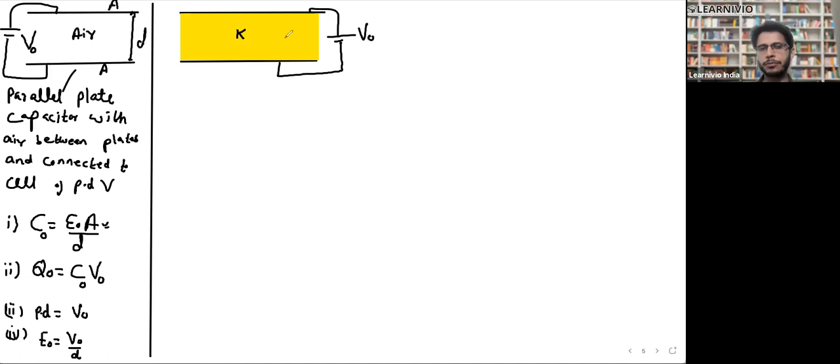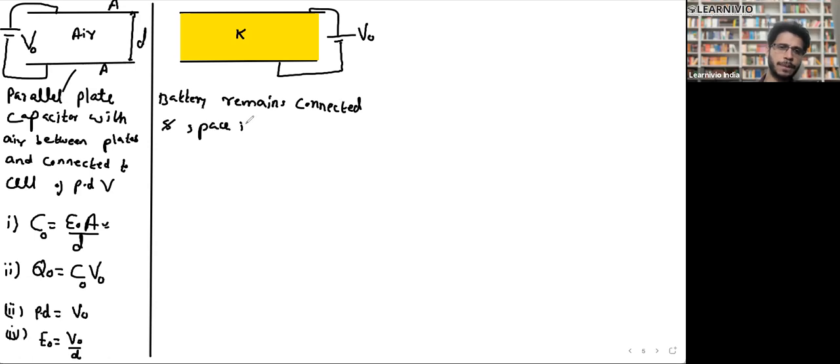Battery remains connected, but you fill the space between the plates of the capacitor with a dielectric of dielectric constant K. So now battery remains connected. See, these are important conceptual questions. Battery remains connected and space is filled with dielectric.